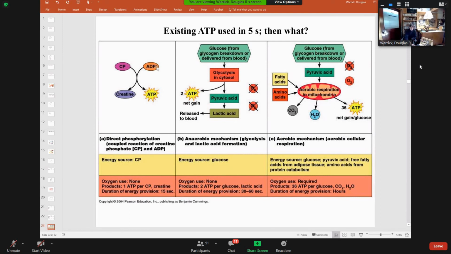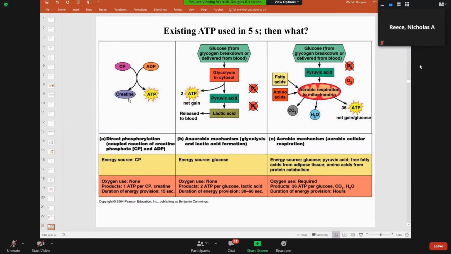ADP that's lying around can steal that high energy phosphate bond and return to being ATP by stealing it from creatine phosphate. You'll carry a certain amount of that spare change around in your muscle cells that they can call on in these weird situations when they haven't been able to spool up fast enough.